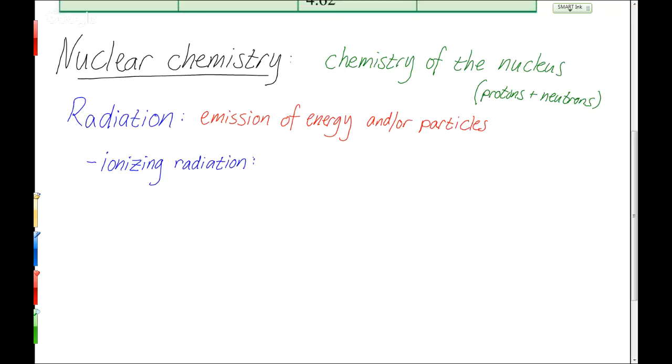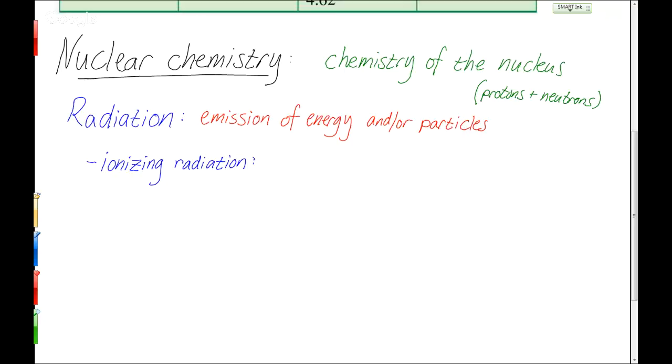What do you think that is? What do you think it means for radiation to be ionizing? What do you think it means to ionize something? Get rid of electrons. Yeah, get rid of electrons. So make something into an ion.